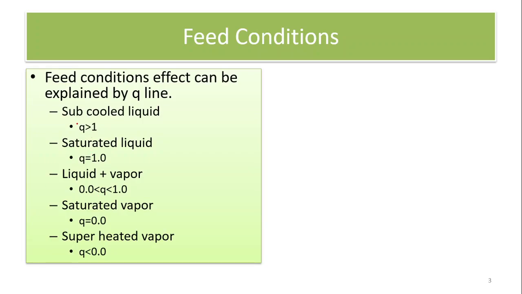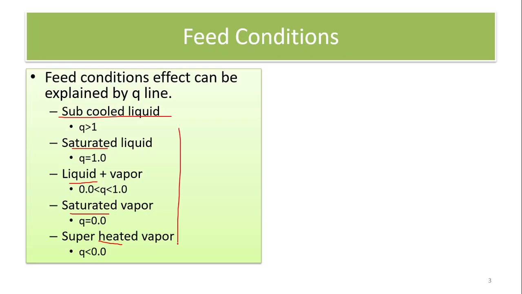It can be a subcooled liquid, a saturated liquid, a liquid-vapor mixture, a saturated vapor, or a superheated vapor. Depending on all these situations, the q values are given here. It can be greater than 1, equal to 1, between 0 and 1, equal to 0, and less than 0.